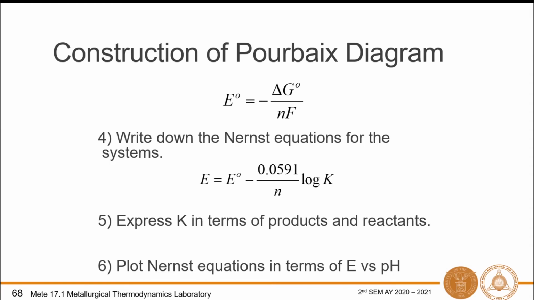That's why it's 0.0591. But if you want elevated temperatures, then you should compute it yourself from RT over nF. So, this is where it changes, in the Nernst equation. But if it's at 298 only, then you can use this simplified equation where E is equal to E0 minus 0.0591 over n times log K.